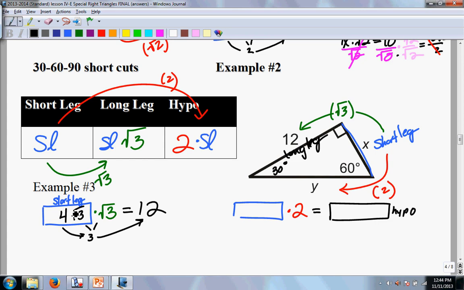Of course, the answer is 4. So the complete answer for the short leg here is 4 root 3. To get the hypo, we bring our short leg here, 4 root 3, times 2. Only the outies talk to each other, so for our hypotenuse here, the answer is going to be 8 square root of 3.